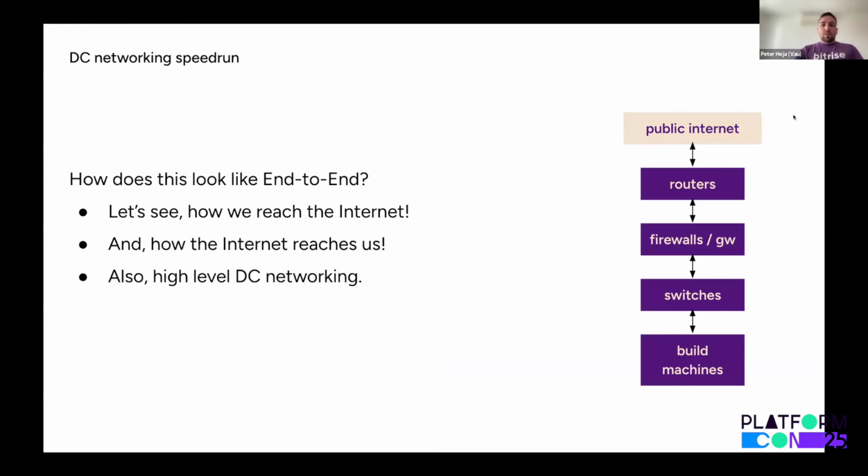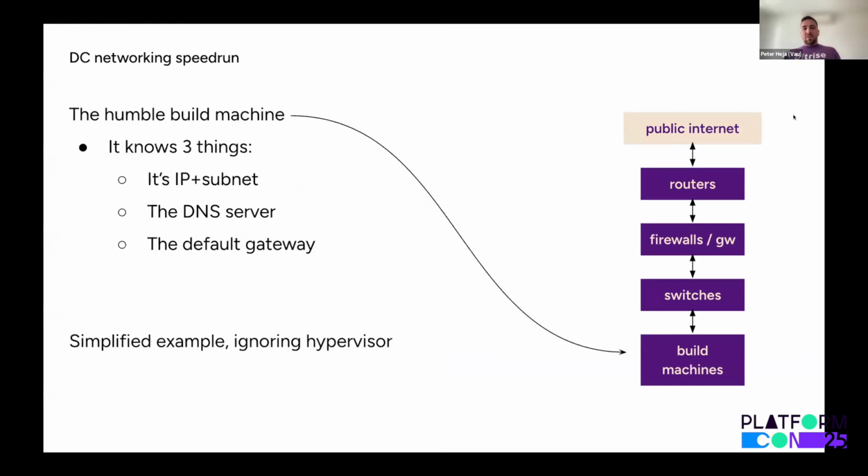So first of all, let's start from the humble build machine. This is where CI/CD runs. This is where your npm install happens, or your customer's npm install happens. And the build machines are really simple things.